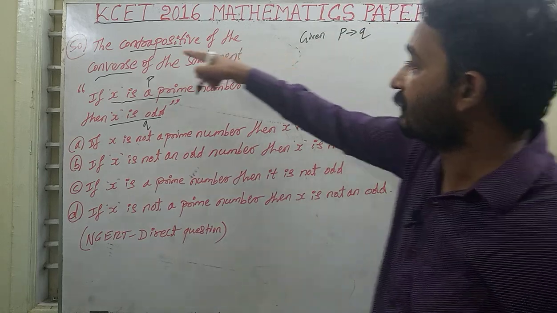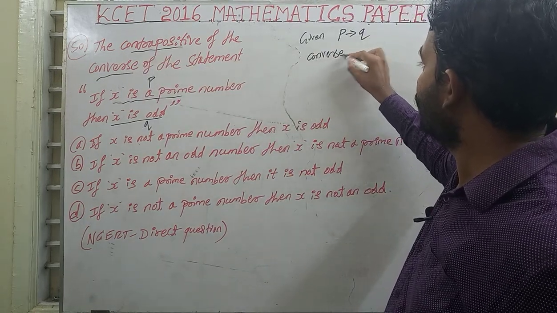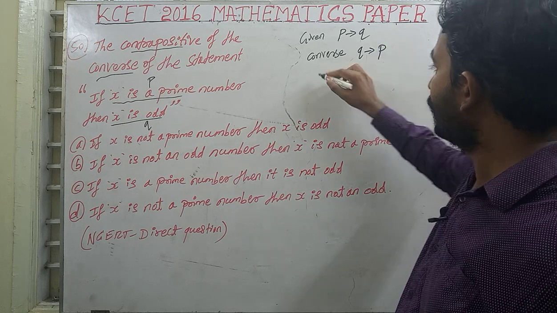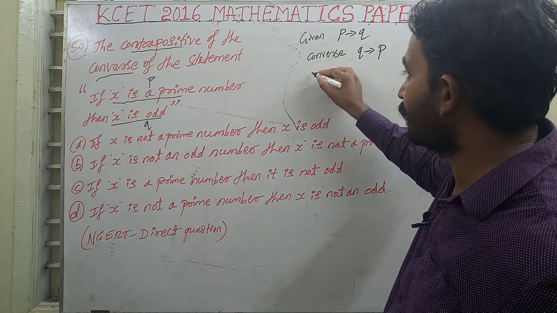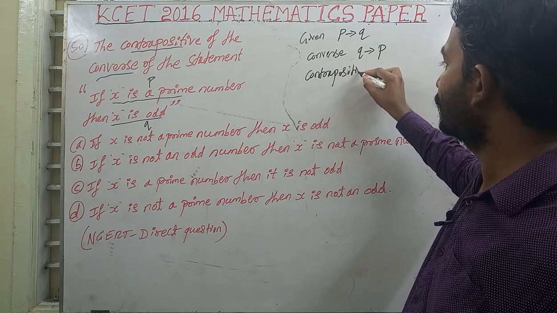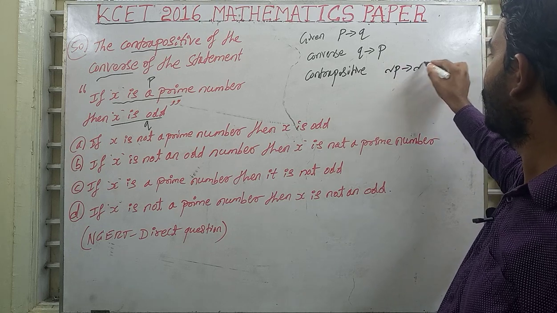So find first the converse. Converse nothing but what, q then p. Then find out the contrapositive of the converse. Contrapositive of the converse nothing but reverse, negation p then negation q.